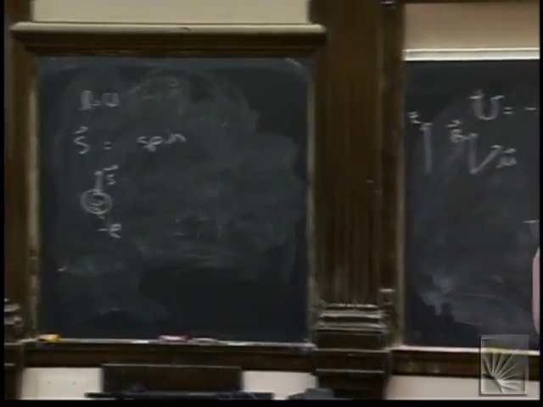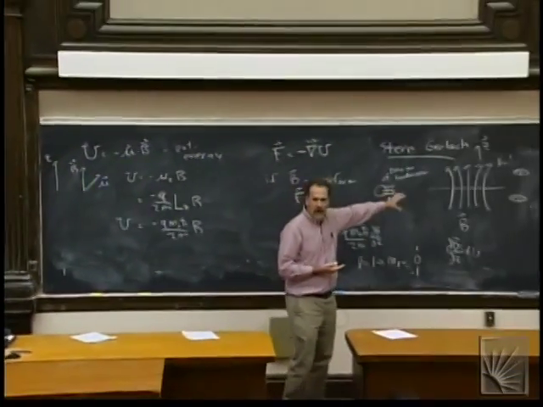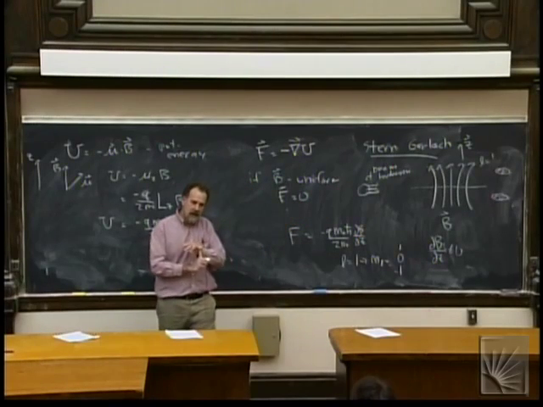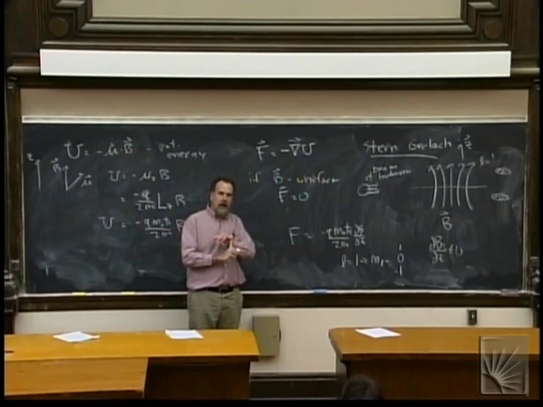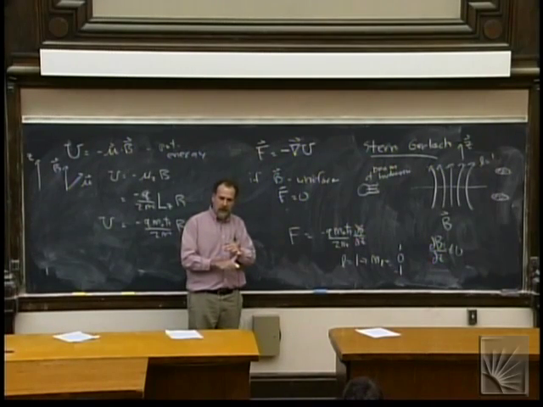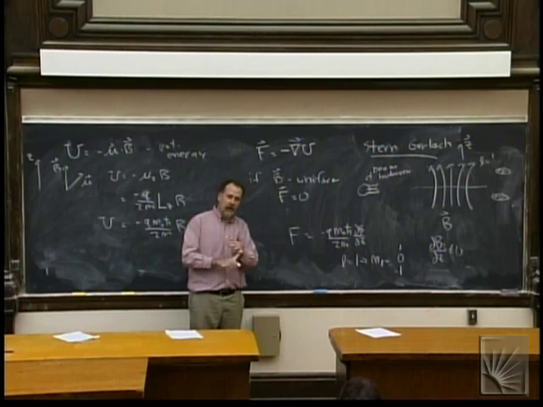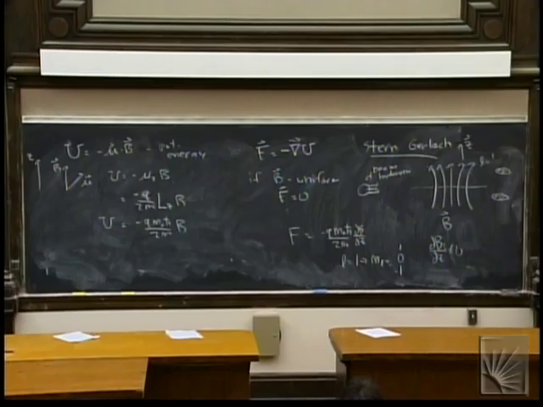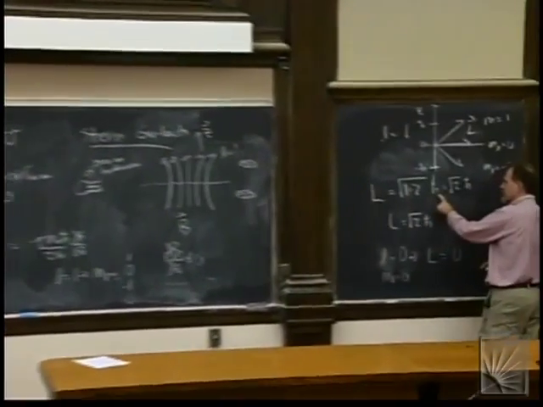I solved Schrodinger's equation to get what I got for the atom, to get the fact that M sub L had certain values and that those should be interpreted as the angular momentum along the z direction. And that overall the length of the angular momentum vector was this funny beast, the square root of L times L plus 1, times h bar.